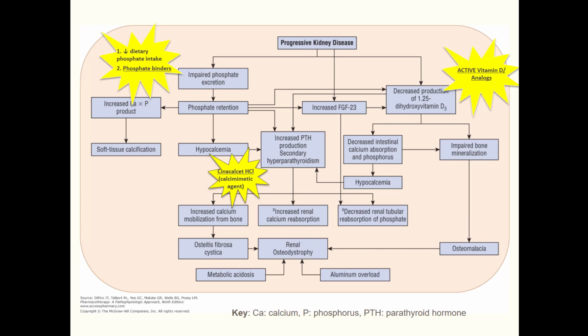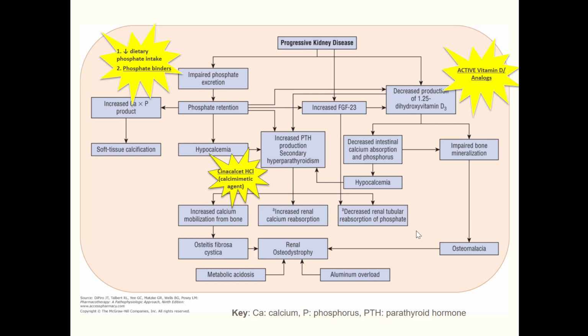A combination of hypocalcemia, decreased vitamin D, and phosphate retention, meaning increased phosphorus, all lead to increased PTH production, which means secondary hyperparathyroidism.